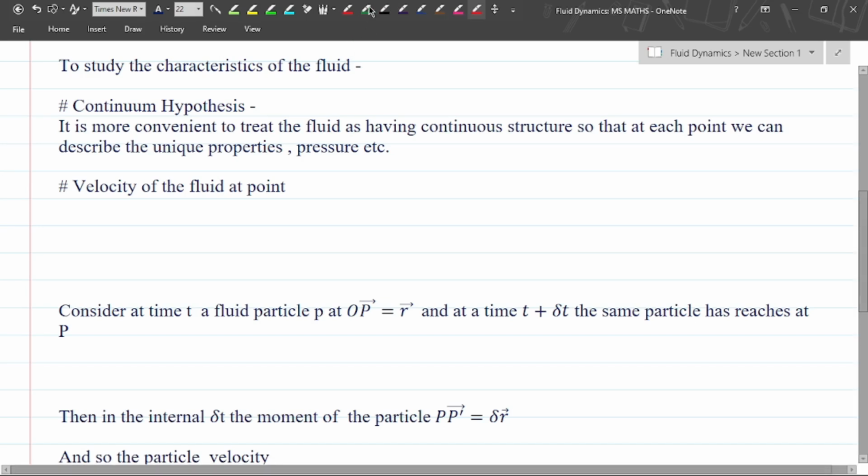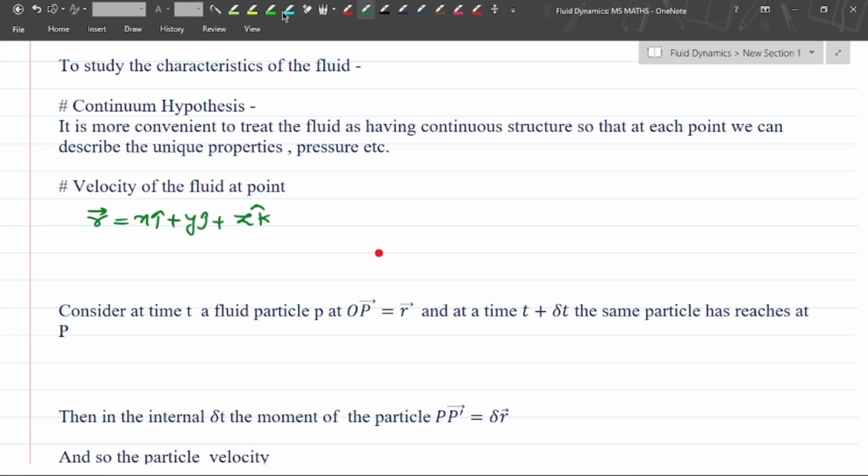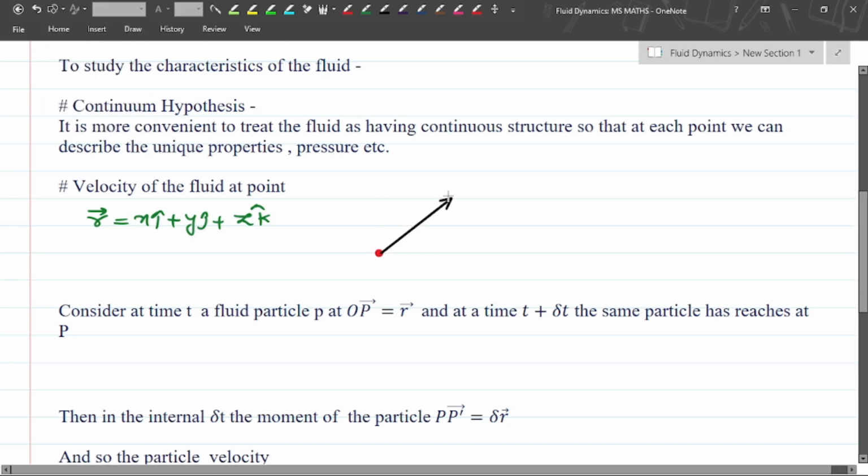If I take a point in a fluid, we will define it with the position vector. We all know that the position vector will be r vector, that is nothing but x i cap plus y j cap plus z k cap in 3 dimensions.